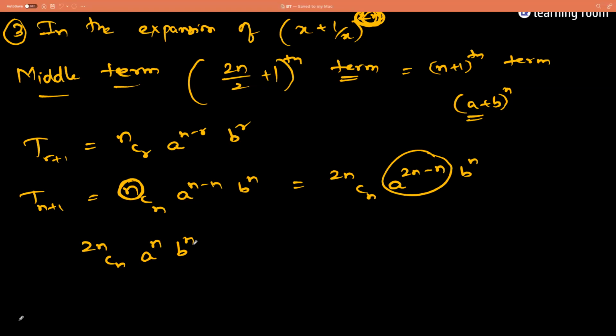Is it clear what I'm saying? So what is the value of a? A is x. This is equal to 2nCn into x power n into b is 1 by x, so 1 by x to the power n.